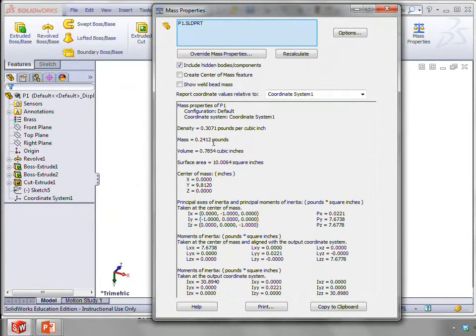So here is my mass, which is actually, of course, the weight, since we're working in US units. And because I've chosen coordinate system 1, instead of the default origin of the assembly, I can come down in here and it says mass moments of inertia taken at the output coordinate system. The one about the local x-axis is the one I want, 30.89.